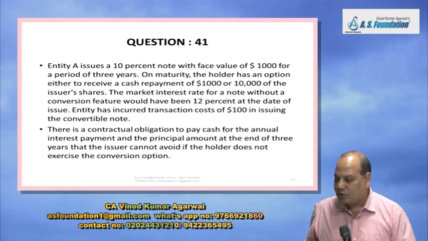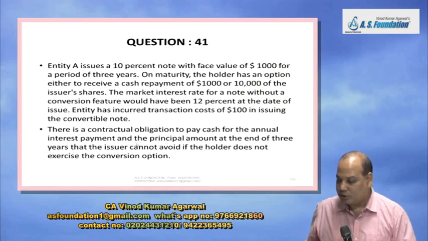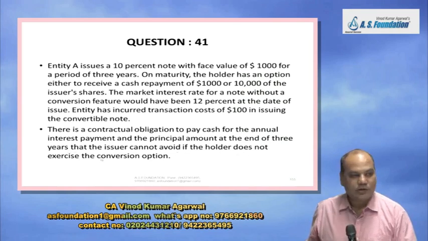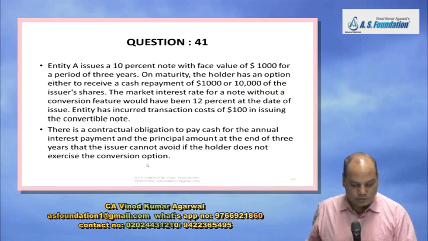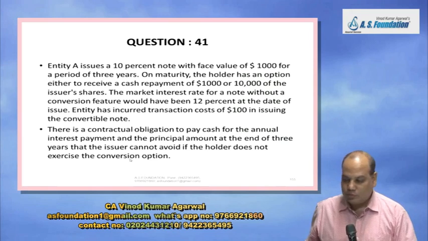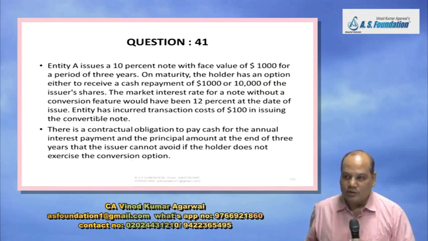Right now, while calculating the liability and equity, don't consider this. After calculating, apportion in that ratio. There is a contractual obligation to pay cash for the annual interest payment and the principal amount at the end of 3 years that the issuer cannot avoid if the holder does not exercise the conversion option. So what is the question? The question will be, what is the value of equity and debt?